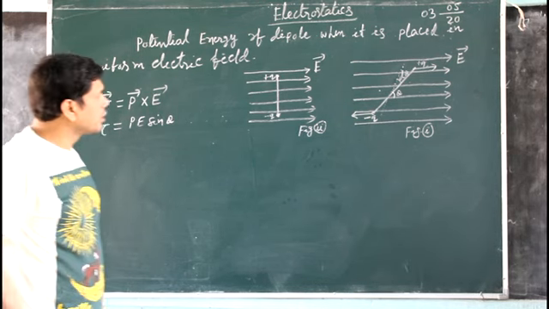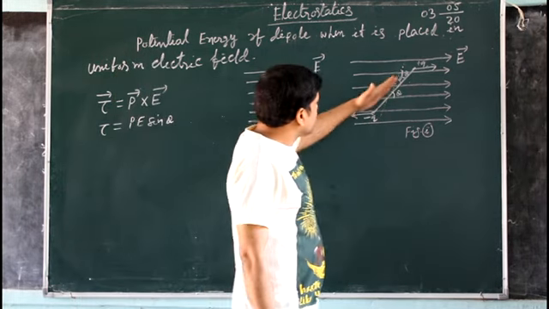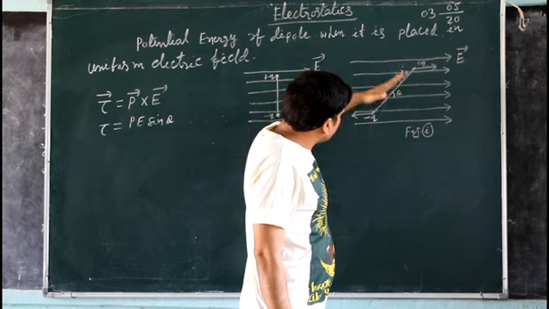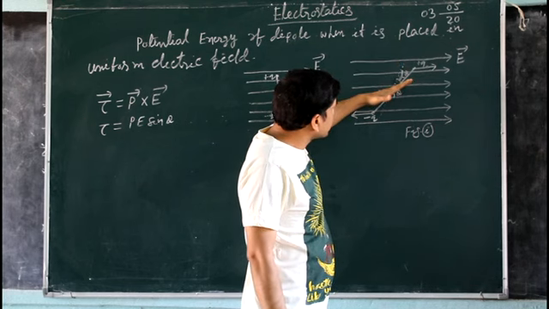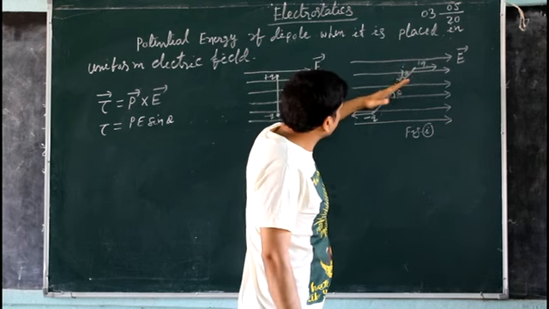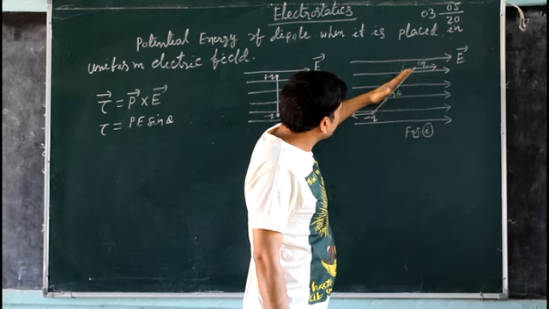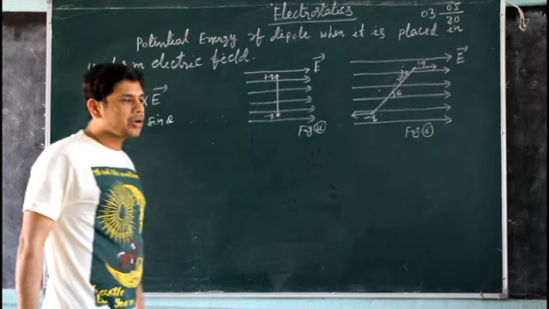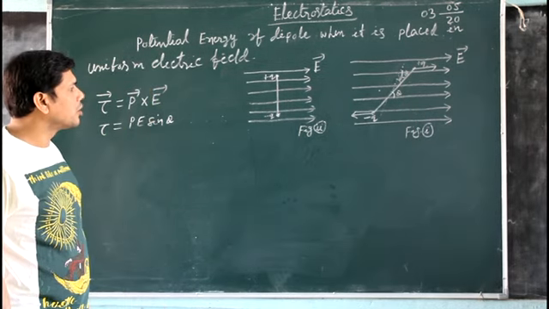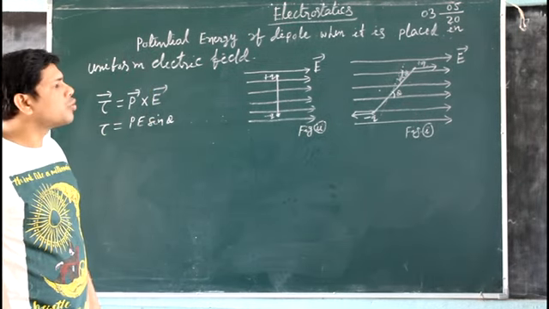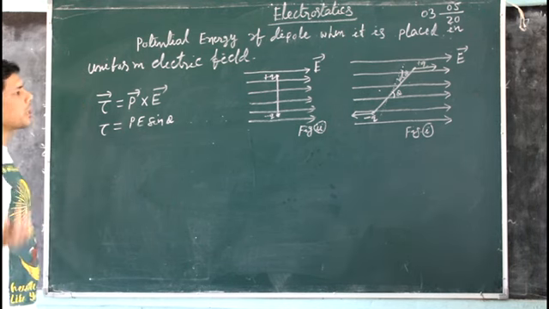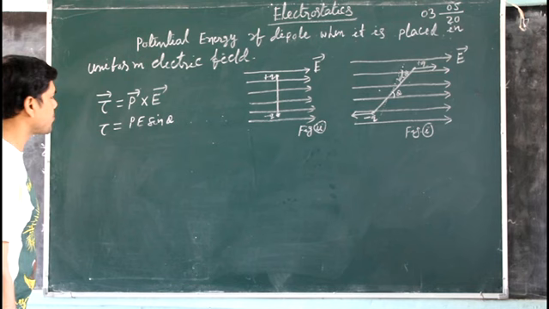Now we are considering that this dipole, due to some external force, shifts from theta to theta plus d theta. That means we have considered an angular displacement d theta. So how much work has to be done by the external agency?